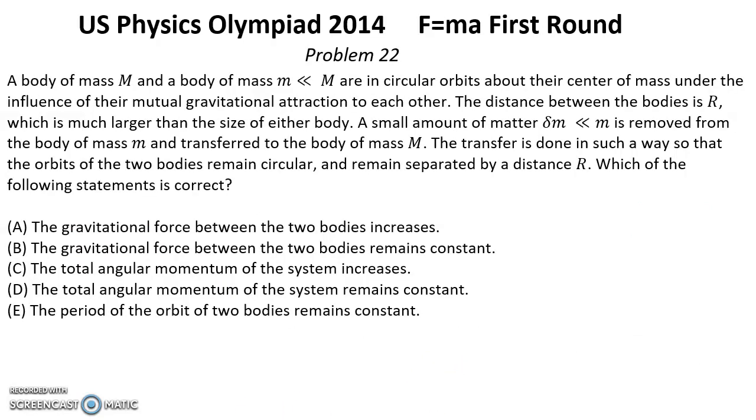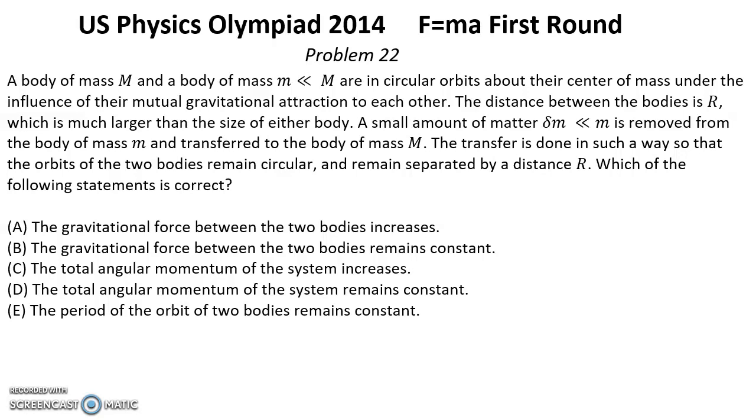Problem 22. A body of mass big M and a body of mass small m, much less than big M, are in circular orbits about their center of mass under the influence of their mutual gravitational attraction to each other. The distance between the bodies is r, which is much larger than the size of either body.